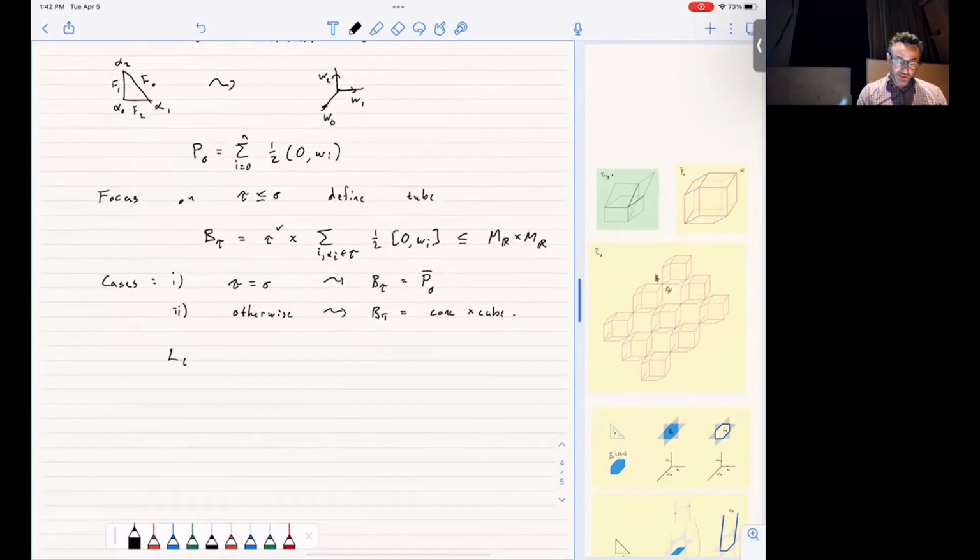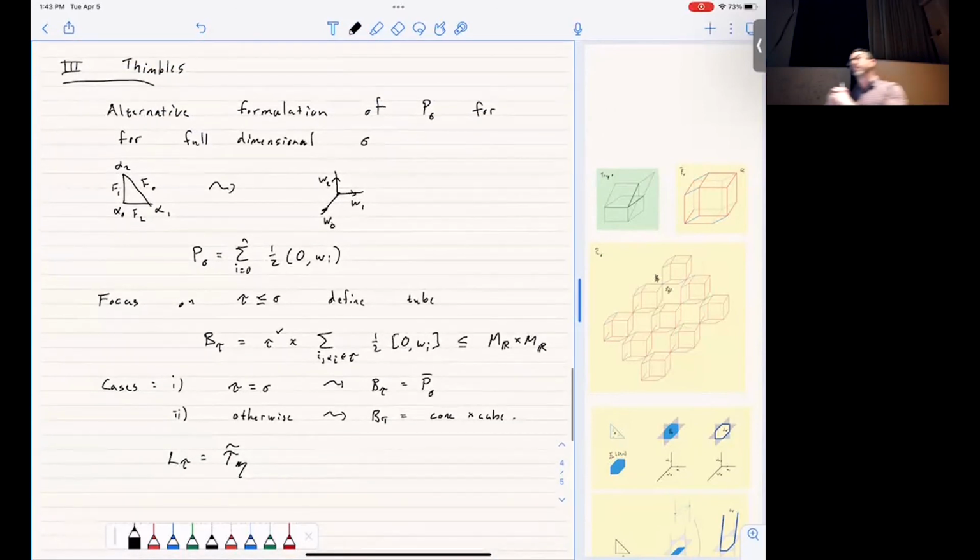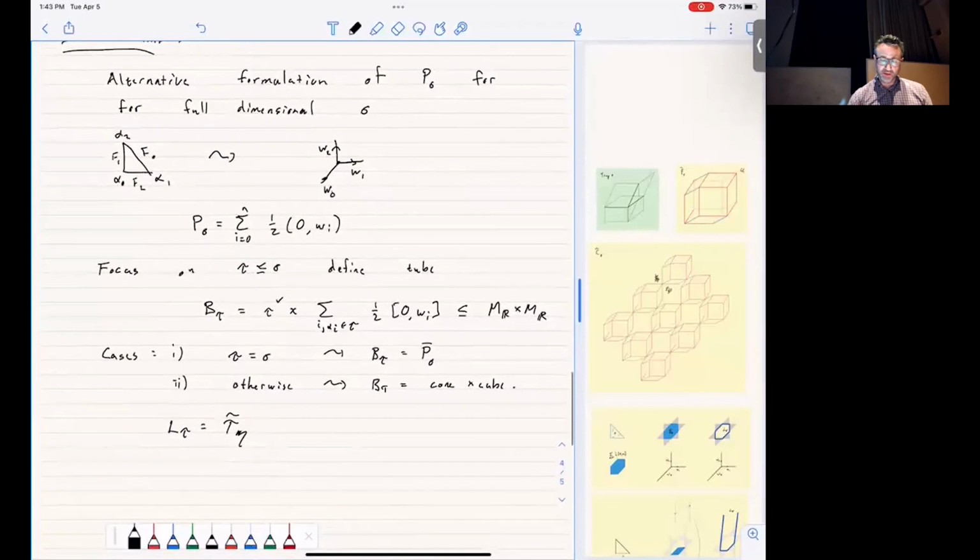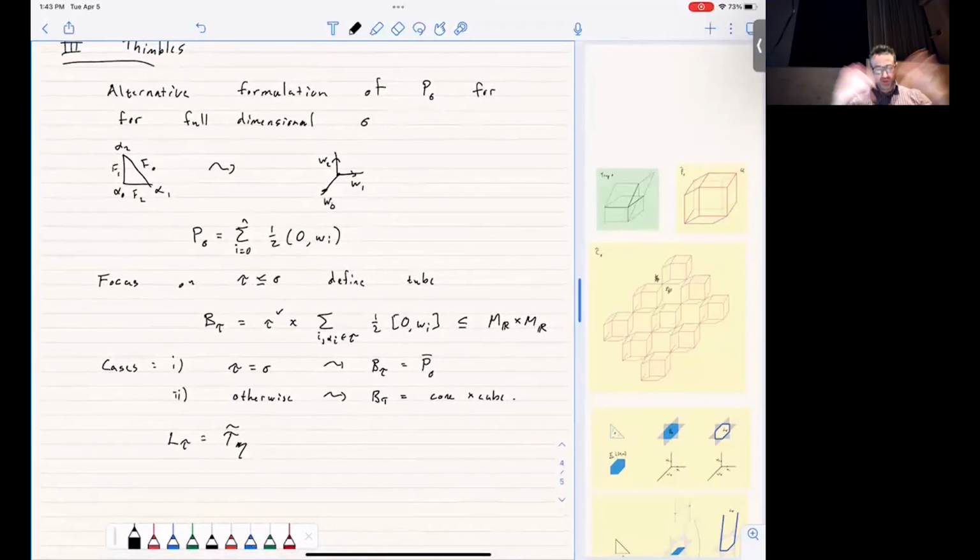However, we can look at the intersection of, and here I'm going to take the cover, so that I can be in MR cross MR, the phase tropical hypersurface. I should say, since I'm doing thimbles right now, I'm just going to take Q to be a simplex, so that I don't have to do the more general setting, as I don't think I'll have time. So here Q is just the full simplex sigma.